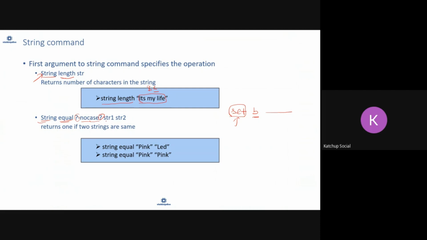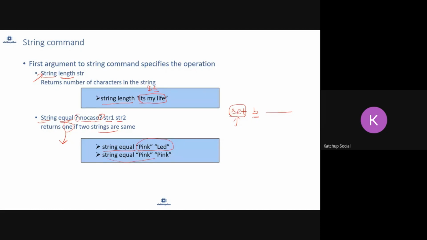And then it will expect two strings, string 1 and string 2. It will return 1 if the two strings are the same, otherwise it will return 0. So basically if the two strings are the same, it will return the value 1. If the two strings are not the same, it will not return 1.